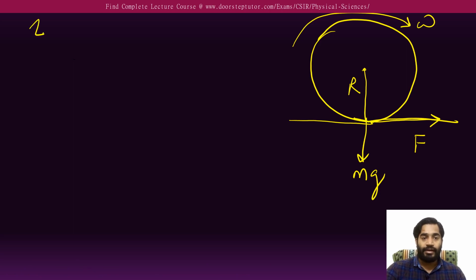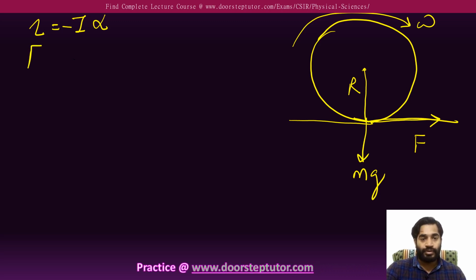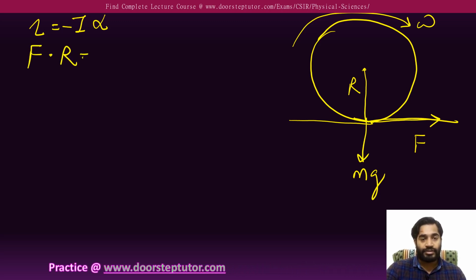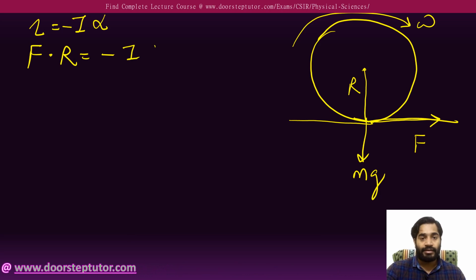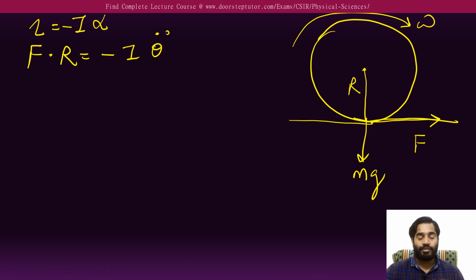We know again torque equals I alpha, which is also negative. If I solve this, it is going to be F into R equals minus I theta double dot. Now what is F? Capital F is a translational force, F equals ma, and I is 2/5 m r squared.